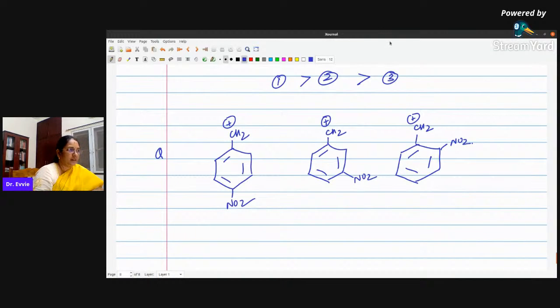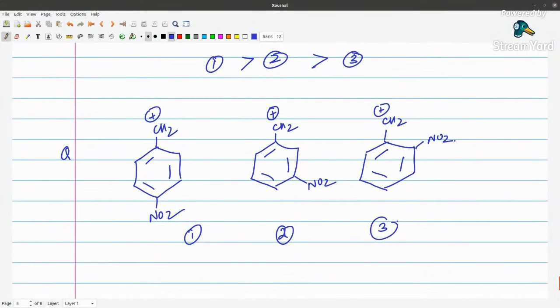Let me put it as 1, 2, 3. So where is the electron density? You have to make the carbocation more stable. Whenever there's a charge, only when there's an electron donating group can it be more stable. Depending on that, can you just try this?